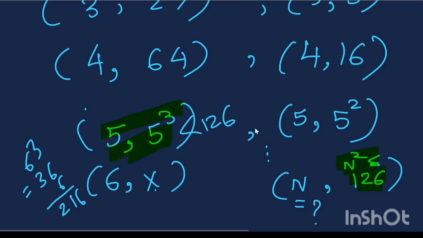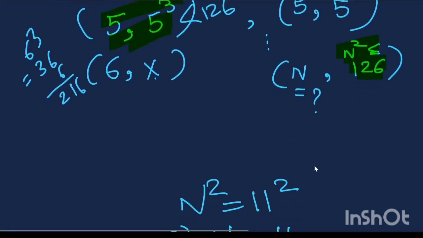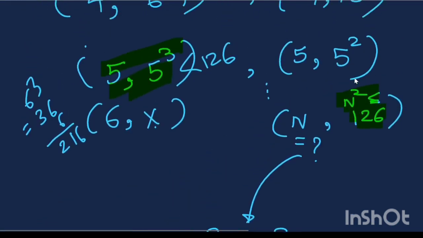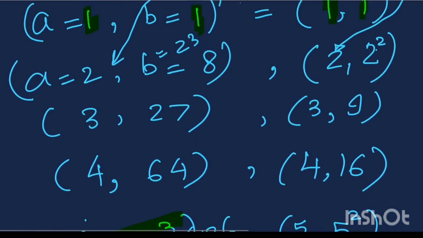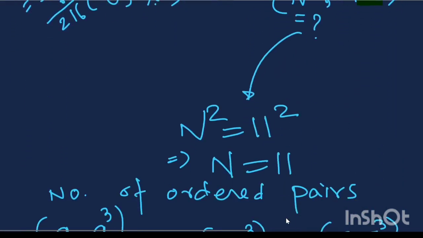Okay, so similarly, what is the value of n such that n square is less than 126? n is 11. So it means it will go from 2 comma 2 square, 3, 4, till 11 comma 11 square.